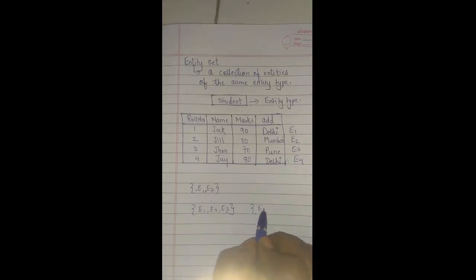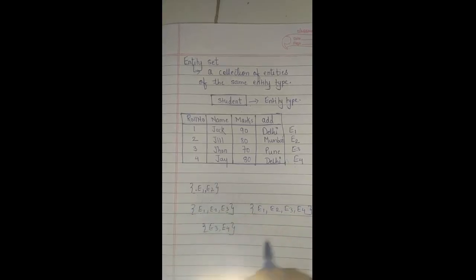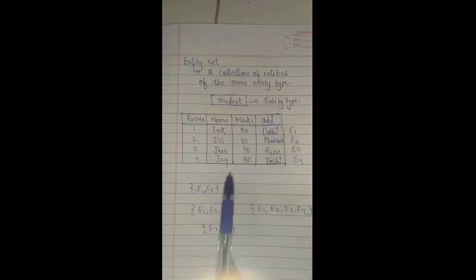Similarly, E1, E2, E3, E4, and E3, E4. These are all entity sets. So I can say that entity type is the superset for all the entity sets, right?